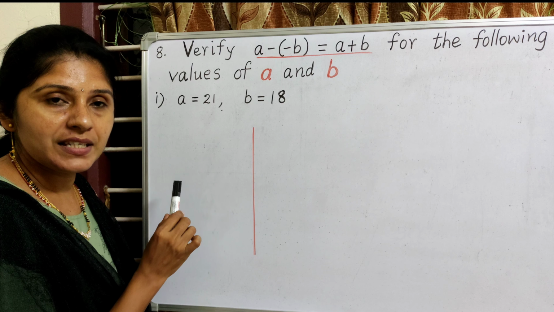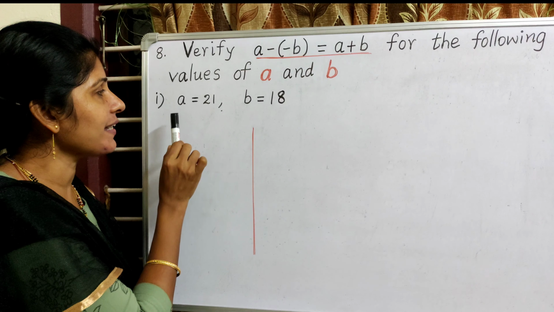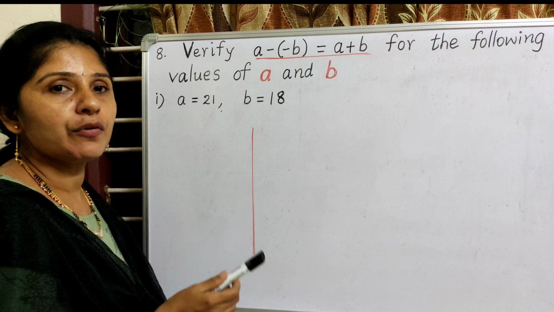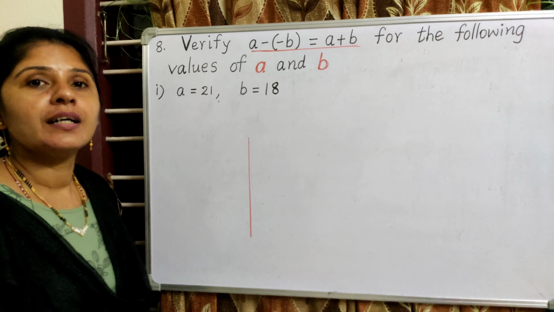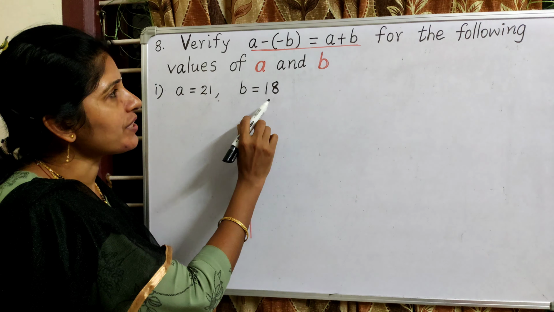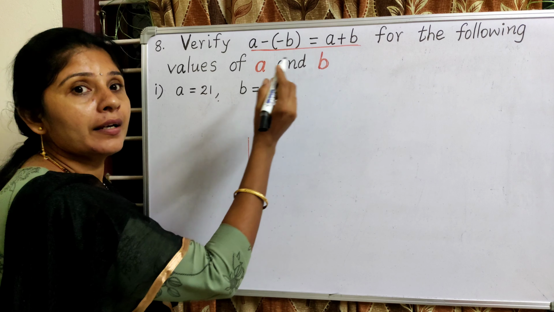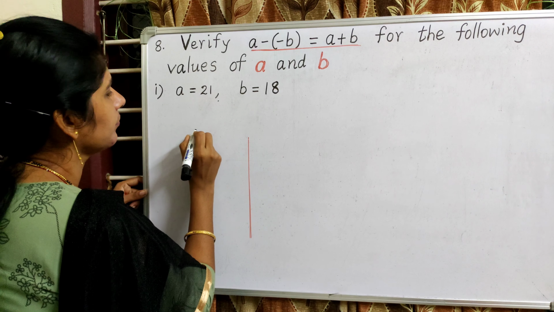In the first question, the value of A is 21 and the value of B is equal to 18. Let us insert these values in the given formula. Write the formula.